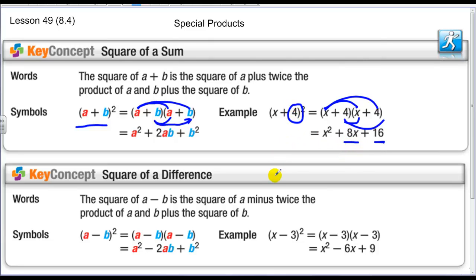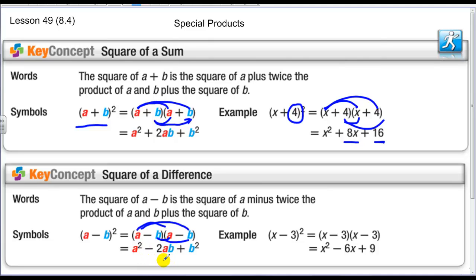Now, if we take a look at a difference of squares, again, we don't just square the a and square the b. We FOIL these, so we'd have our a squared, our minus ab, our minus ab, and our b squared term.